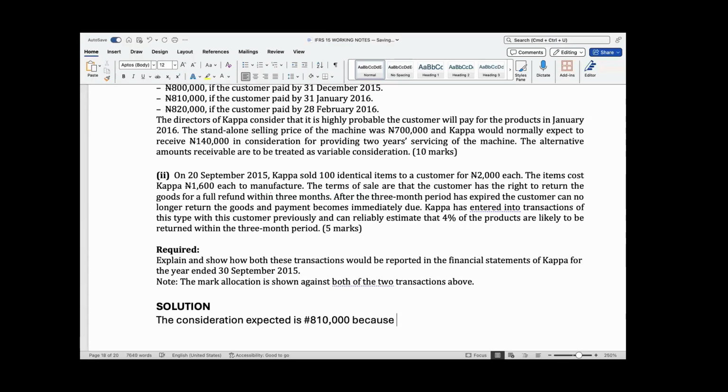Because it is highly probable that the customer will pay in January 2016. Note that the additional 10,000 is a variable consideration.